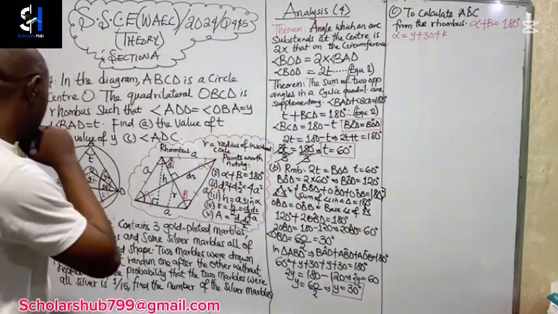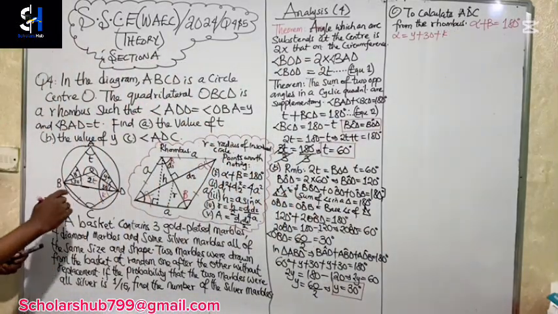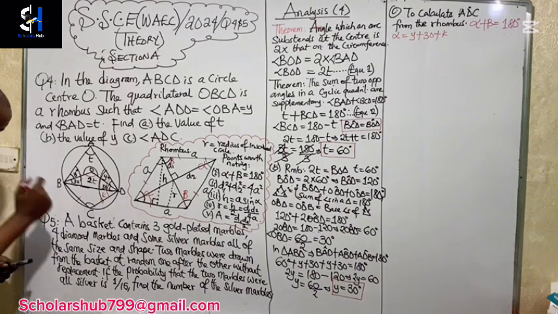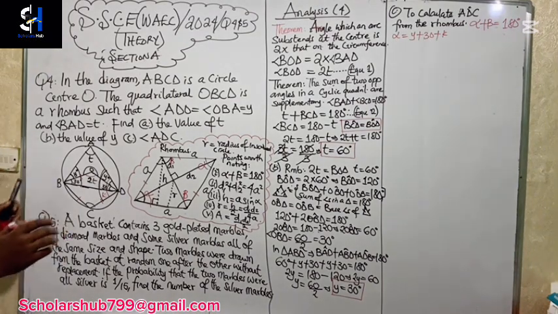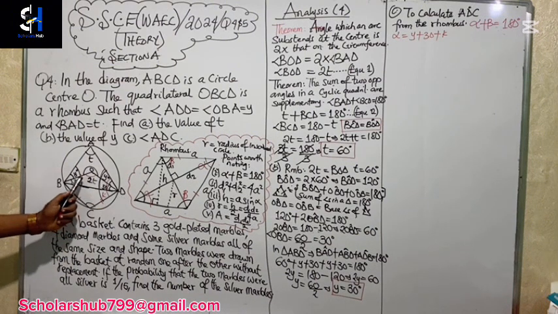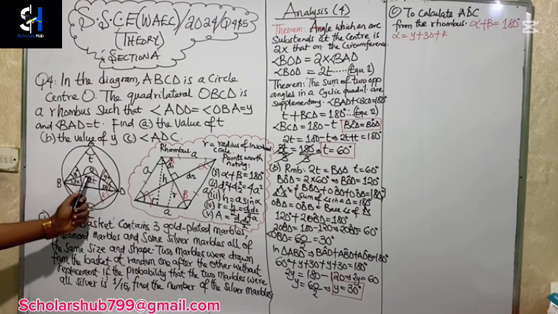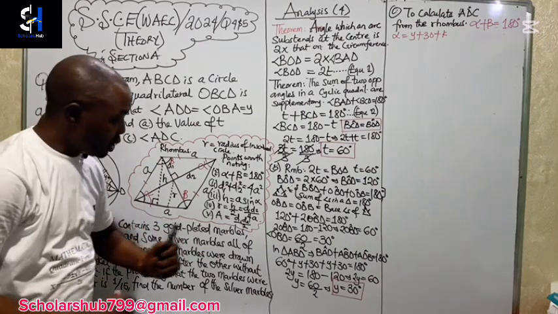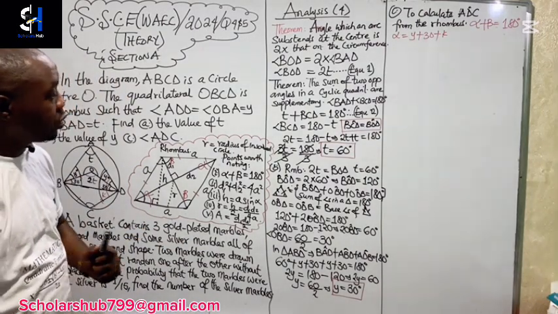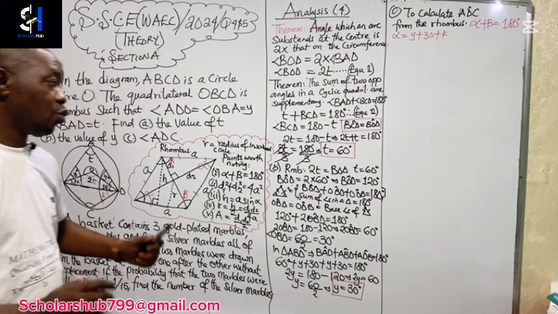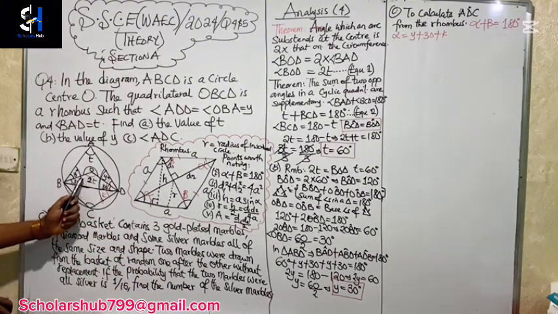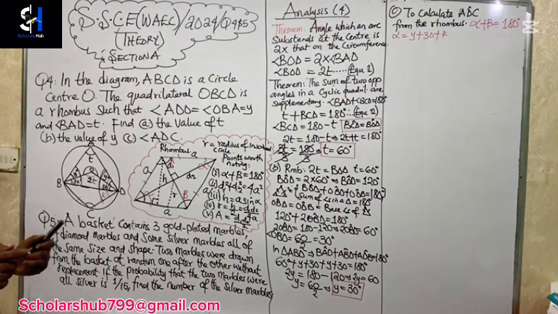Plus, remember, what is BCD? Angle at the center is 120. That's 2t because t is 60 degrees. So if this is 120, the reflex angle will be 240.